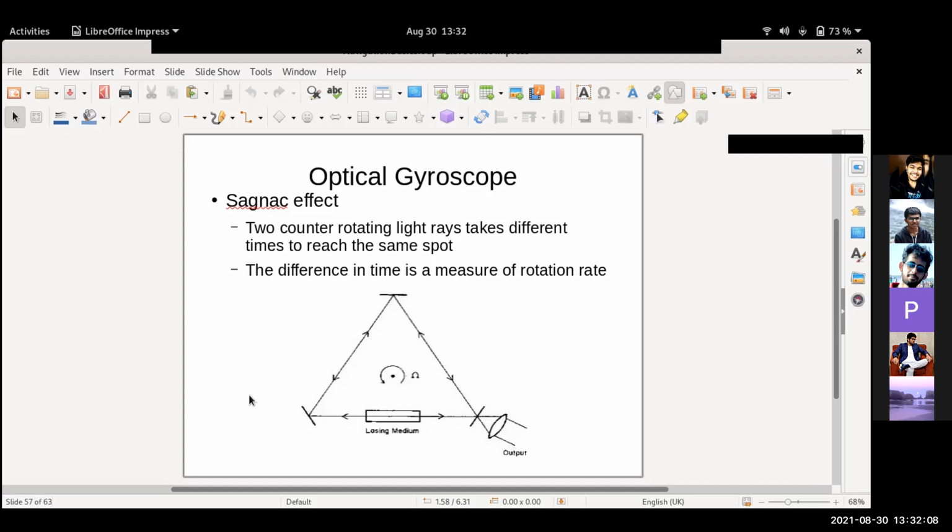The question is, why should it? How are we saying, because light travels in a straight line?